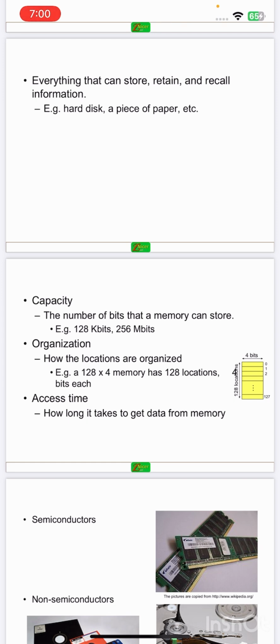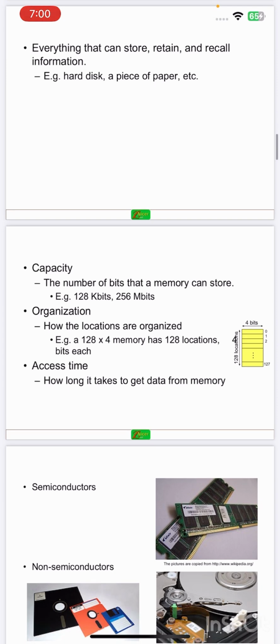Now, how the locations are organized: if we have 128 locations and 4 bits of memory, then 128 into 4, the memory has 128 locations of 4 bits each. And access time is how long it takes to get the data from the memory.